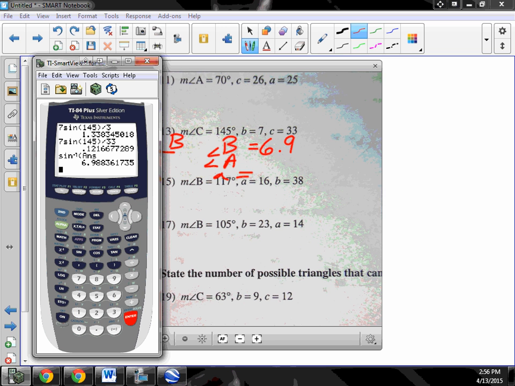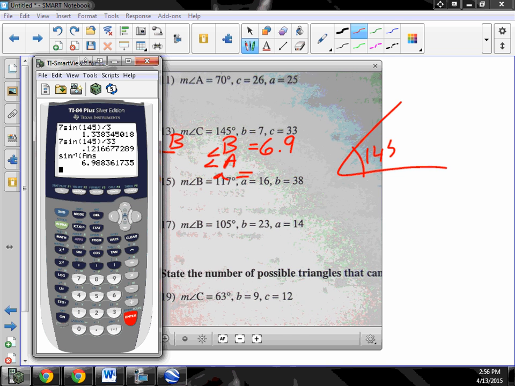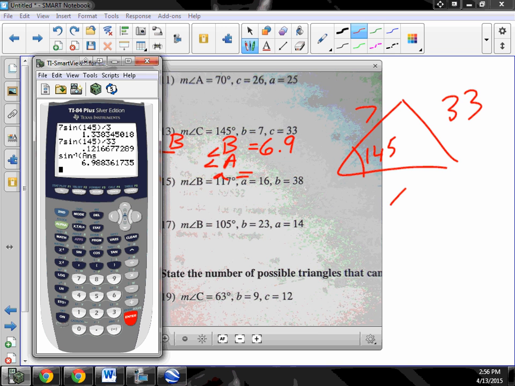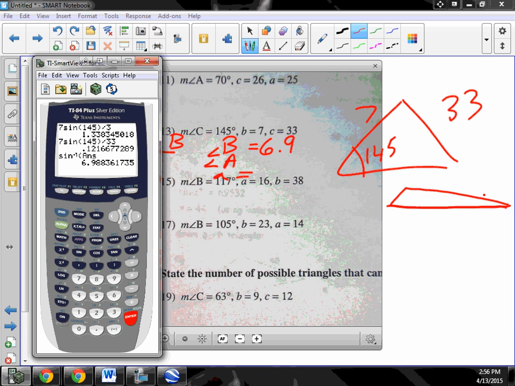No, so we have one triangle. Because what's the supplement of 6.9? Really big. Is a really big number and 145 going to make a triangle? No. But I'm smarter than that. I had 145, I had 7, and I had 33. Could there possibly be two triangles? No, because it actually looks like this. If I swing this side down, is it ever going to touch this side again? No.